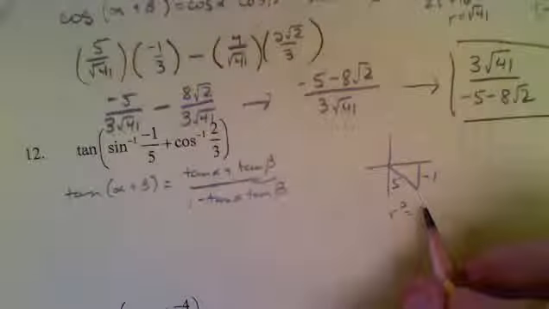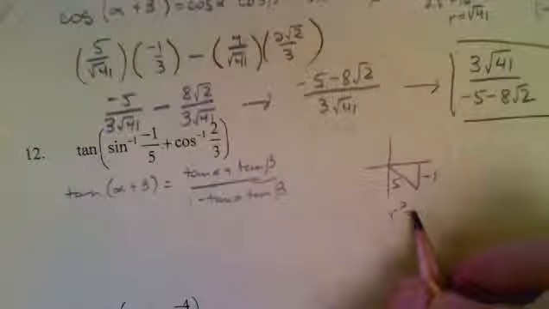Again, over here, let's draw that picture. Alpha, inverse sine is negative, so it's down in the fourth quadrant, negative y over r. If I use the Pythagorean theorem, I'm going to get x squared equals 25 minus 1, which is 24. So square root of 24 is 2 radical 6.